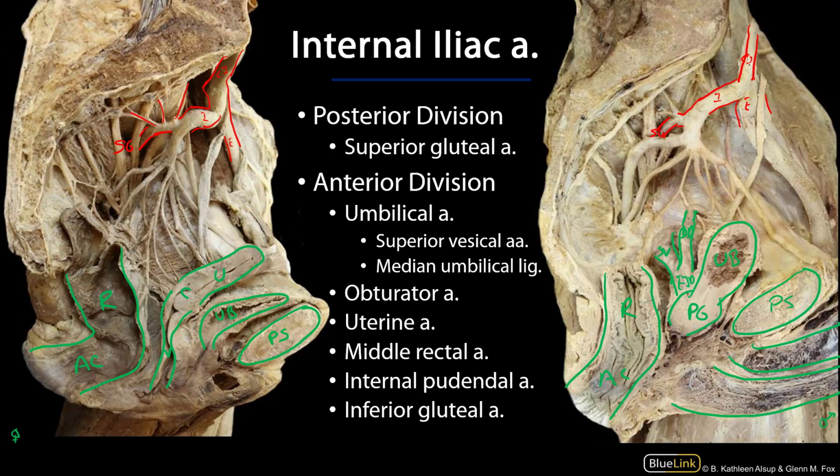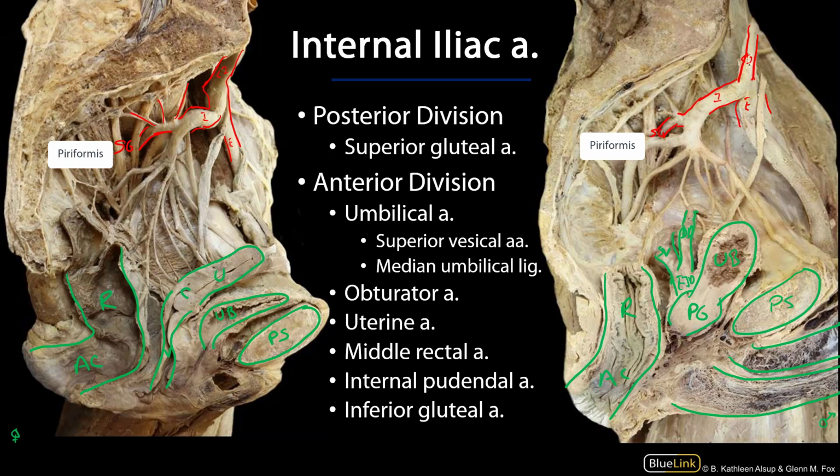That superior gluteal artery is exiting the pelvic cavity superior to the piriformis muscle, which we can see here in the background. This is a relationship that is preserved in the hip. So the superior gluteal artery entering the hip superior to the piriformis muscle.